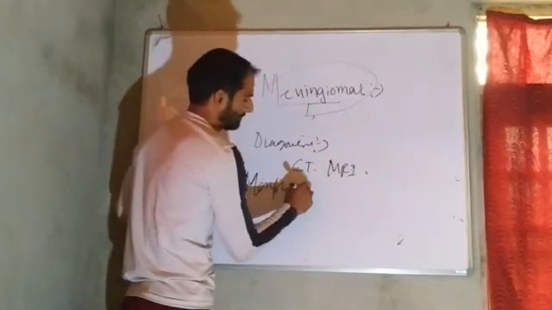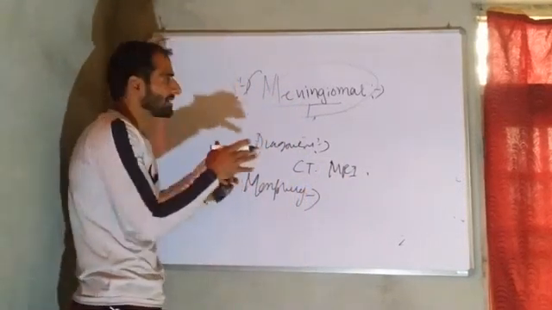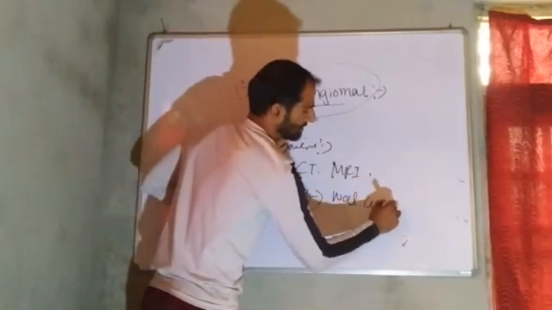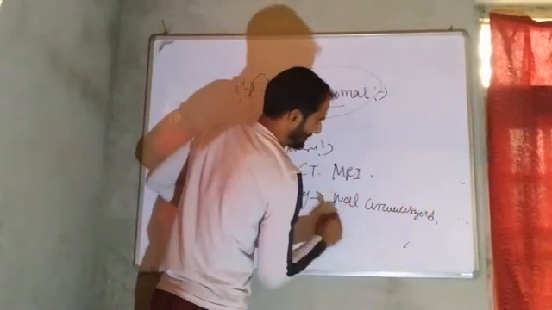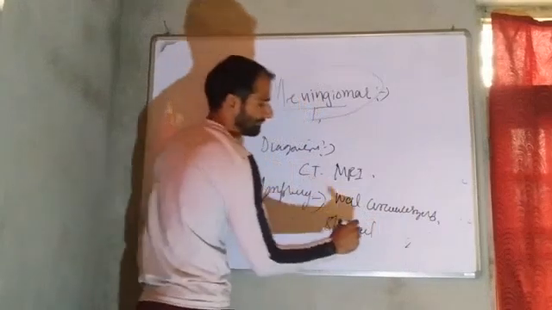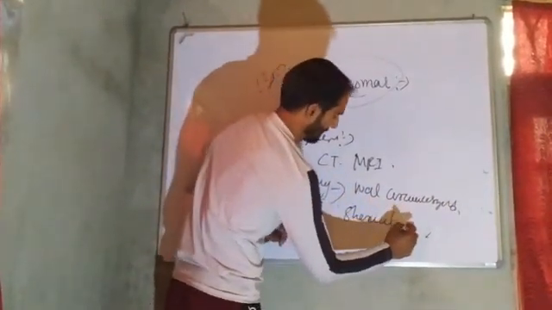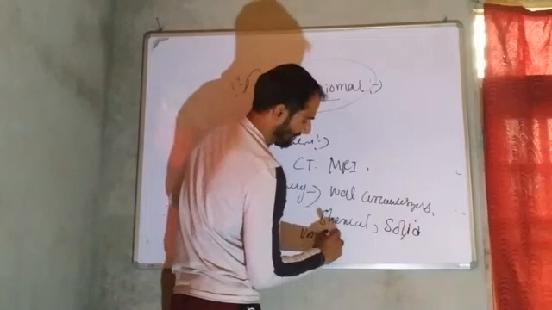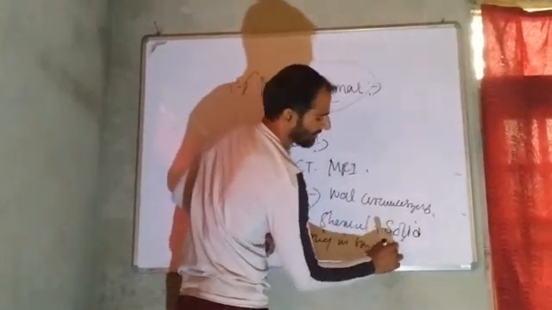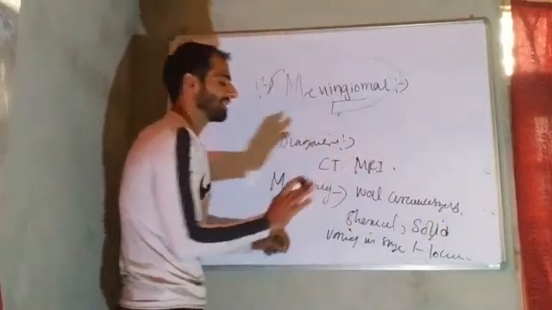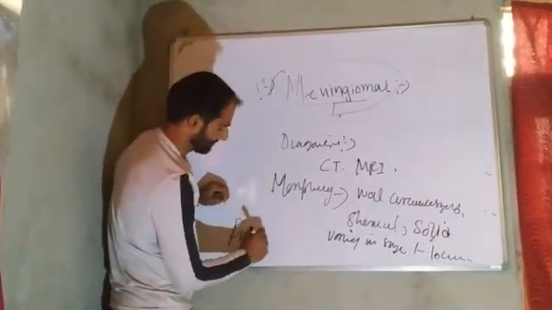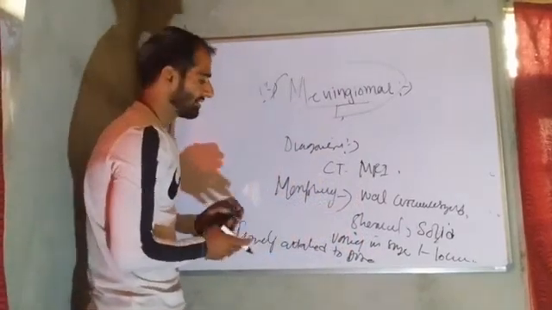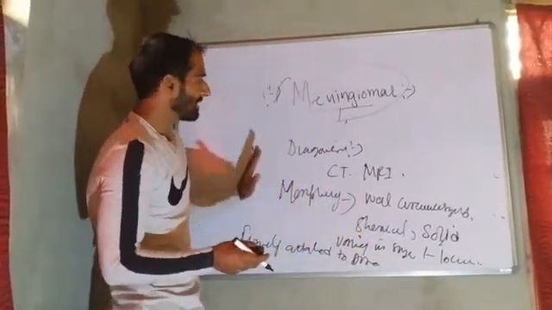If we talk about morphology now, the mass of cells which is called a meningioma is usually well circumscribed, spherical, solid, and as I said earlier, varying in size from 1 to 10 centimeters, and firmly attached to dura. Okay, so it will be firmly attached to the dura mater.